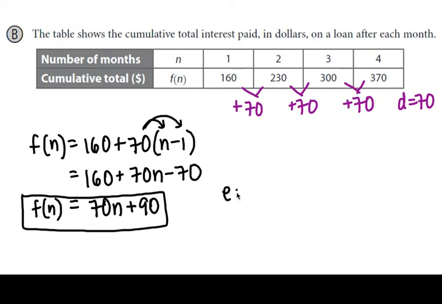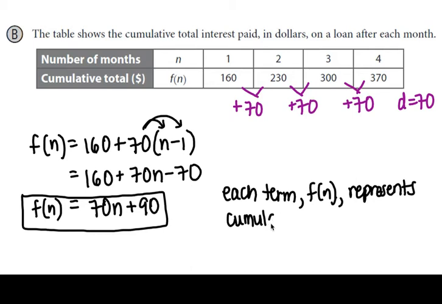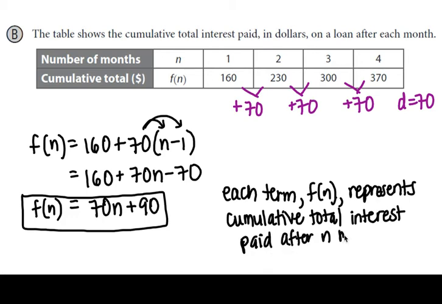And what does each term represent? Each term, f of n, represents, can you finish it before I do? It represents the cumulative total interest paid after n months.